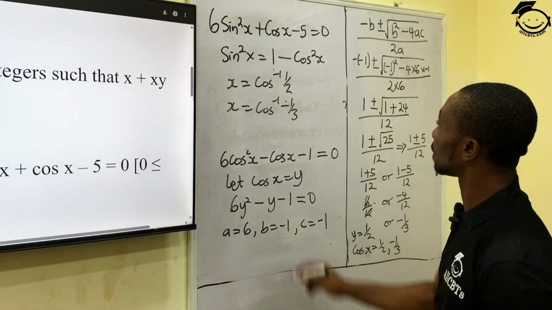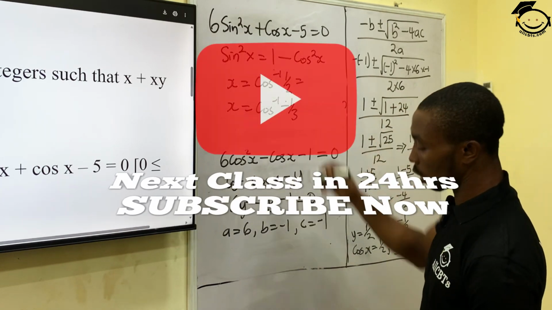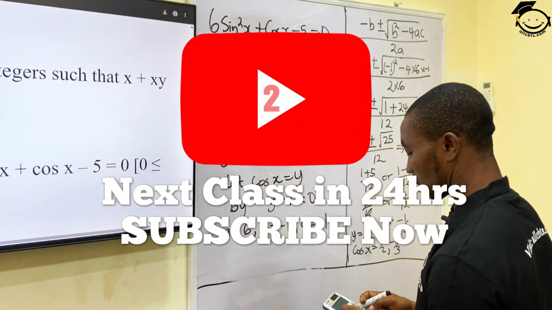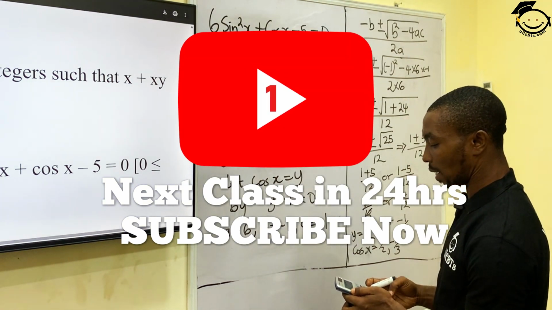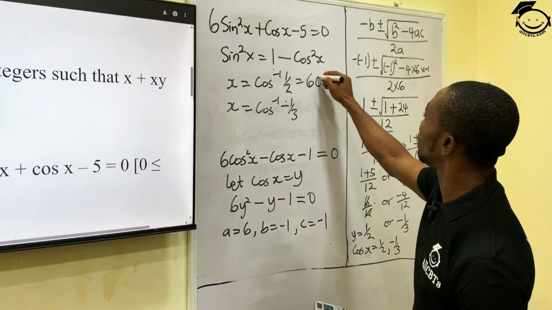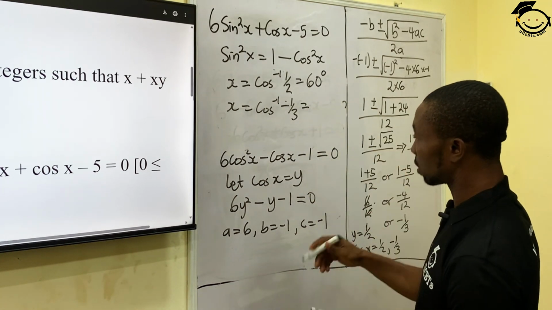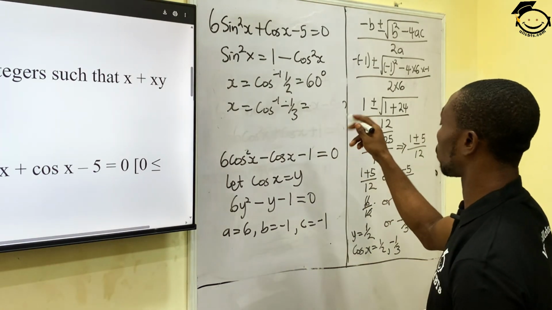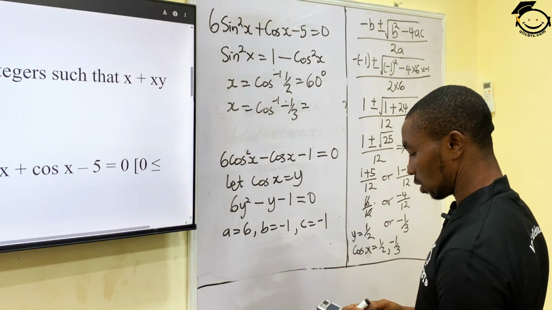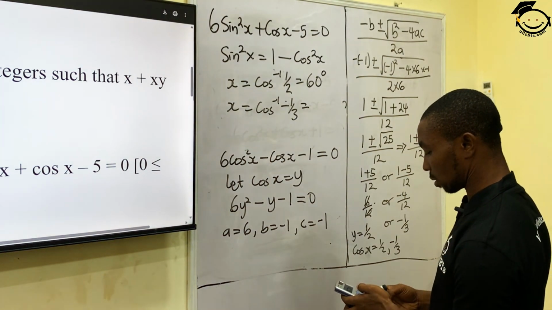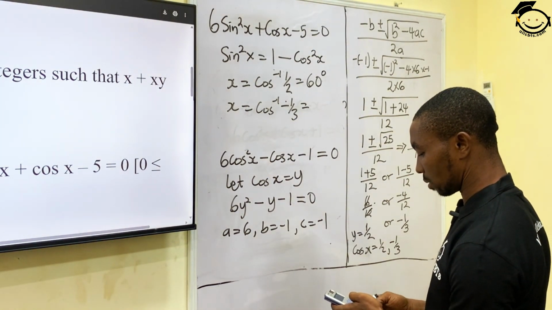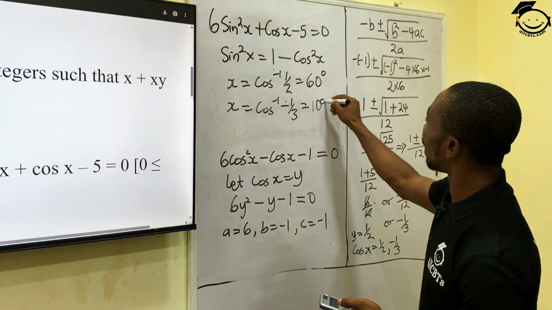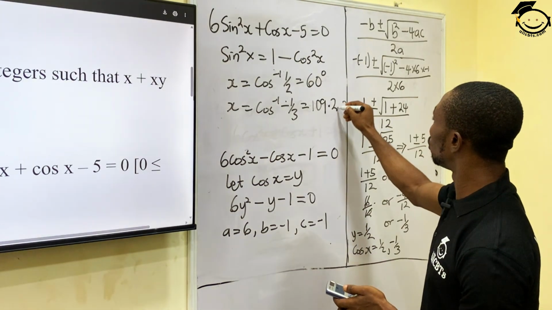And we know that half is 0.5. So if we do the cos inverse of that, we use shift cos of 0.5, which will give us 60 degrees. And if we do shift cos inverse of minus 0.33, that will give us 109.26.